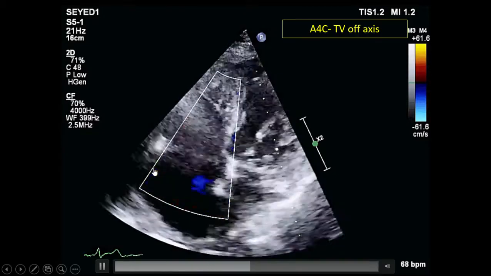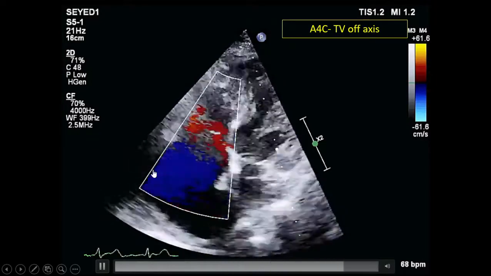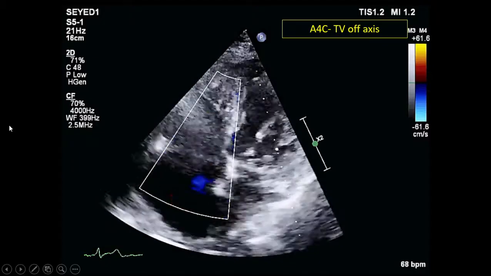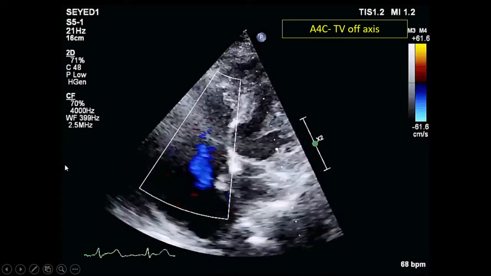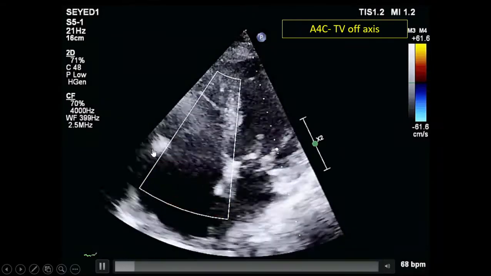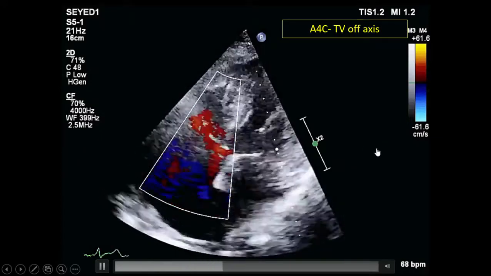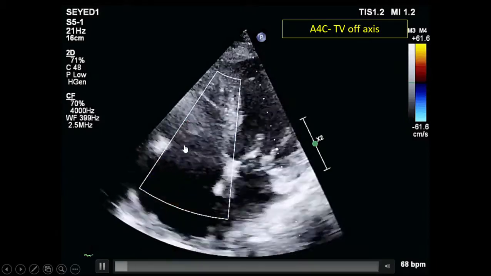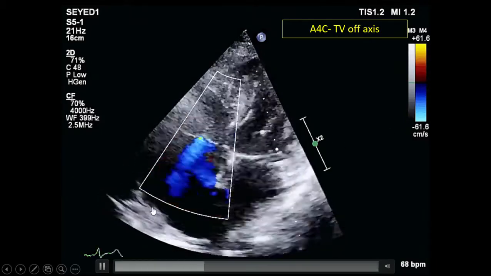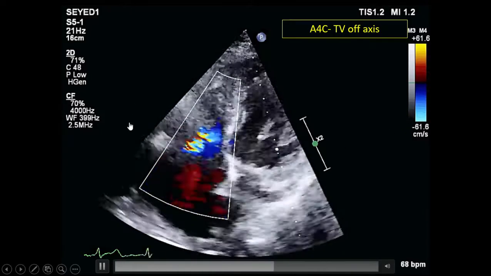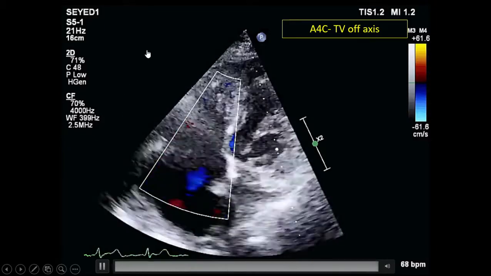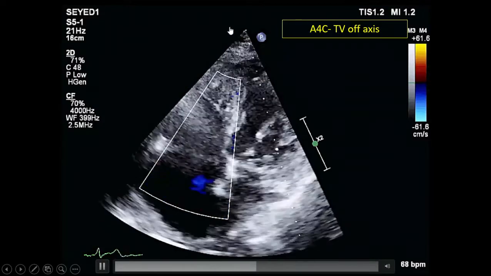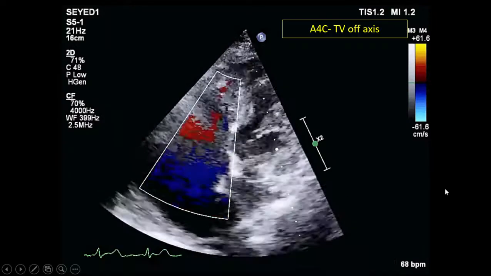This is very important to get a very accurate TR for evaluation and calculation of pulmonary pressure. Always, whether or not you have a jet in the standard apical, get this extra off axis view of the tricuspid valve. Slide a little medial and sometimes one intercostal space higher, and then you will get a jet that can be completely parallel to the cursor.